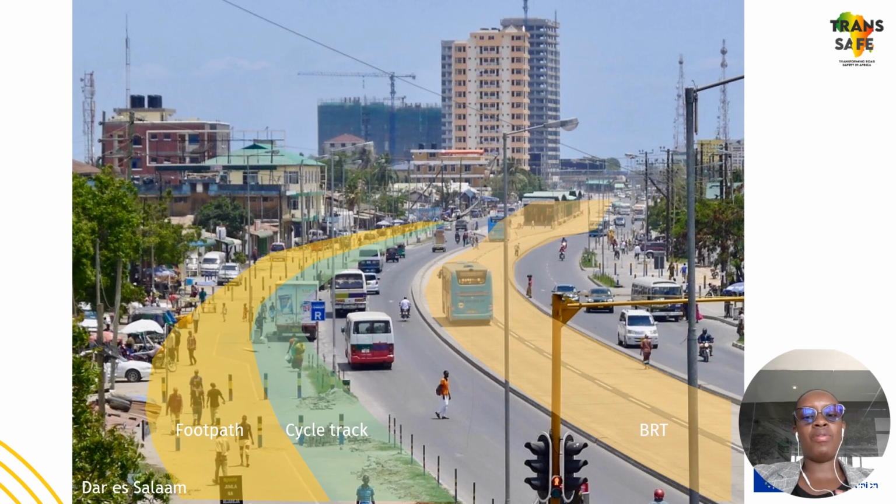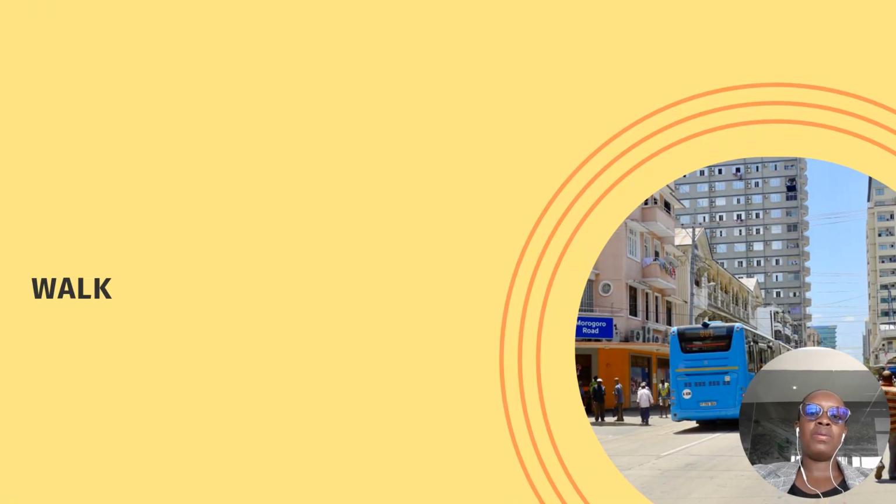We have public transport lanes that are exclusive to BRT buses, and we have the mixed traffic. This is how we efficiently use road space, by making sure that we have adequately provided for transit, and adequately provided for walking and cycling along the corridor. Another principle of TOD is walk.